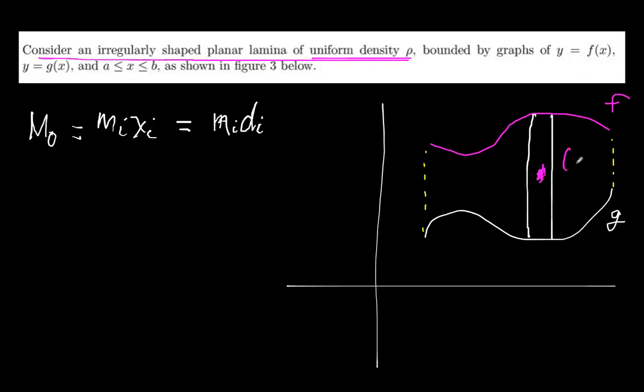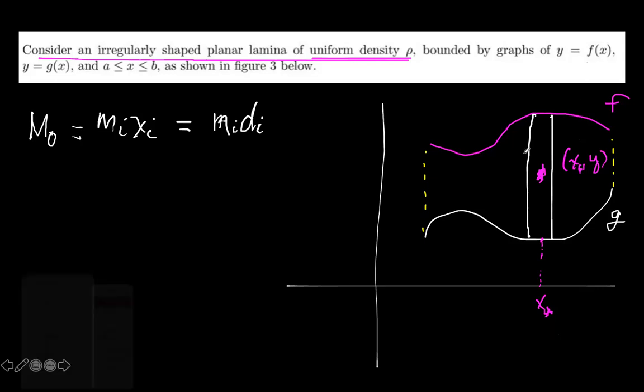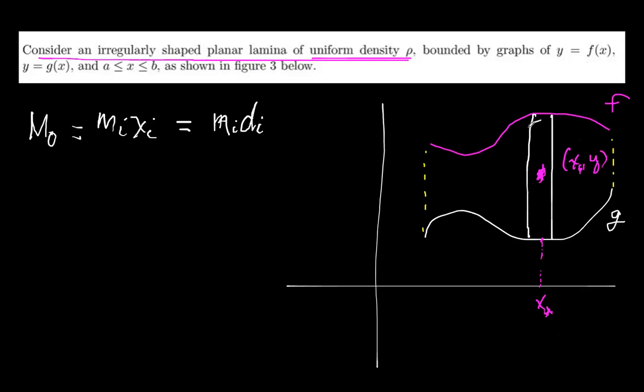Let's say this is our x prime, or x sub asterisk. All right, sorry for that. Okay, and let me change the color to white. So this is our representative rectangle.